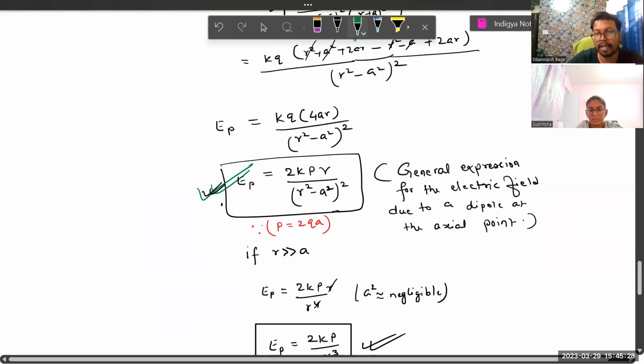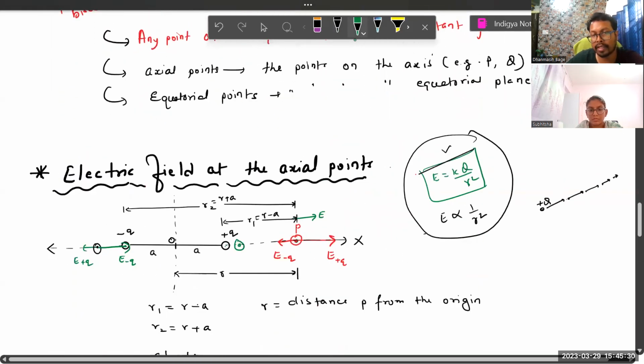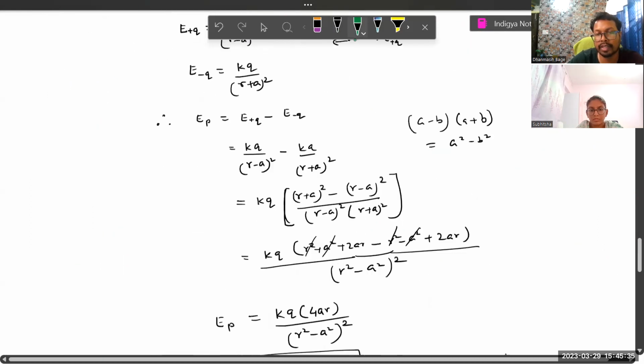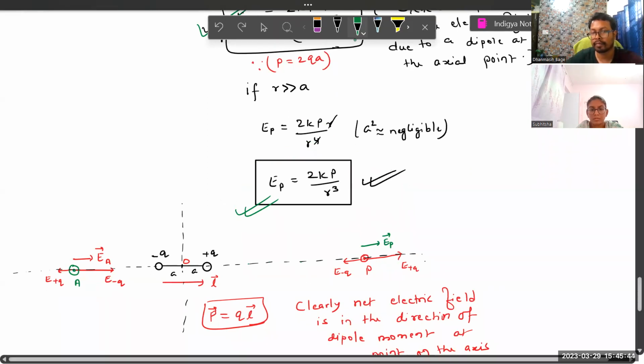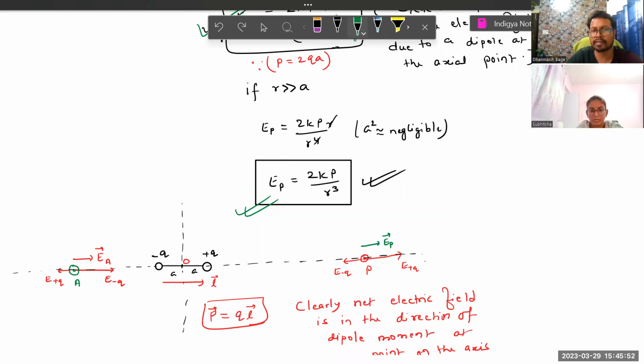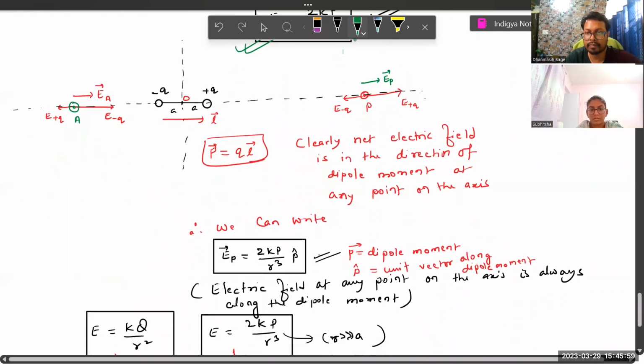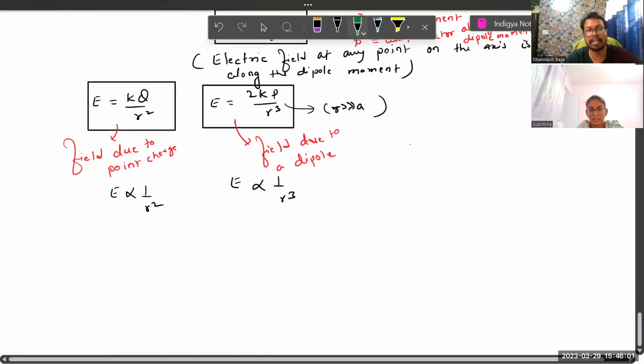But if the point is here, or maybe here, then you will be using this formula directly. In most cases, you'll be using this formula only, because dipoles normally are very small. An atom is so small that any distance is very large for them. Clear this point? So that was the field due to a dipole.